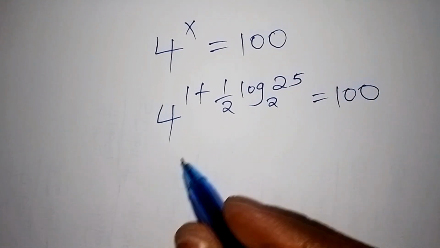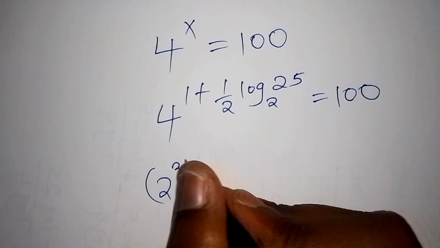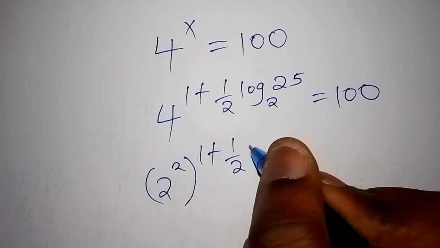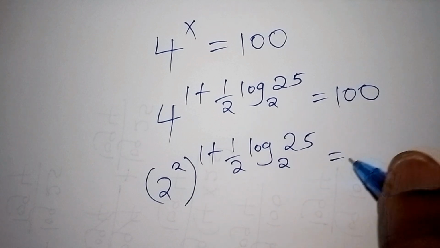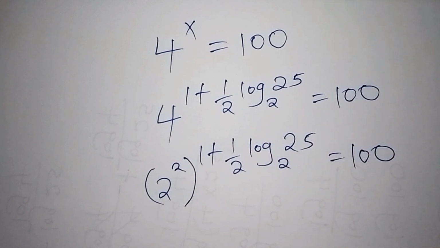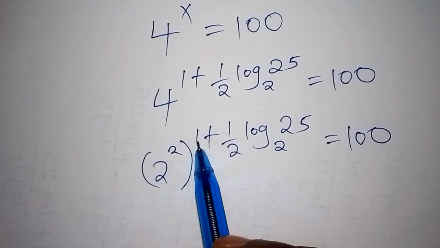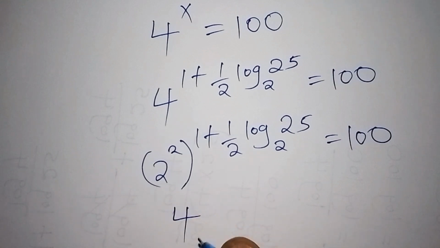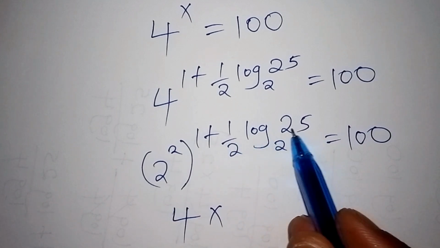This can also be written as 2 to the power of 2, then this to the power of 1 plus a half the log of 25 to the base of 2, is equal to 100. Let's work it out. 2 to the power of 2 multiplied by 1 gives us 4. Then the addition changes to multiplication, so we have a half the log of 25 to the base of 2.